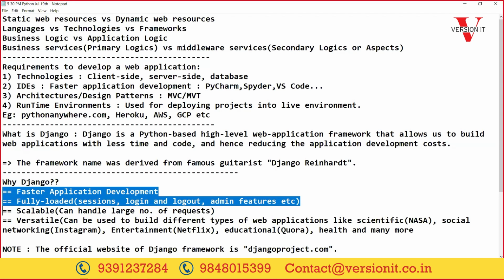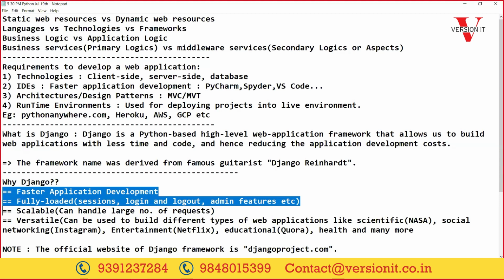When you are working with Java or PHP, all these services we have to code. But in Django there is no such thing. It provides the admin panel by default. So that is the first important thing. And yesterday we said something about middleware services.